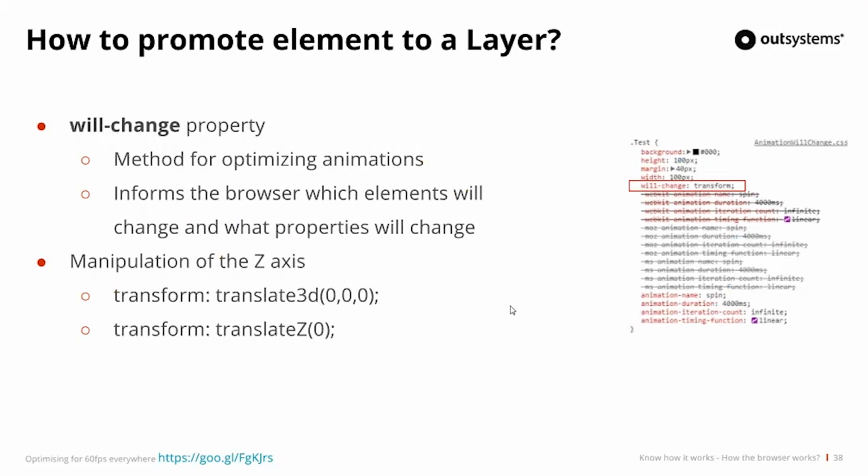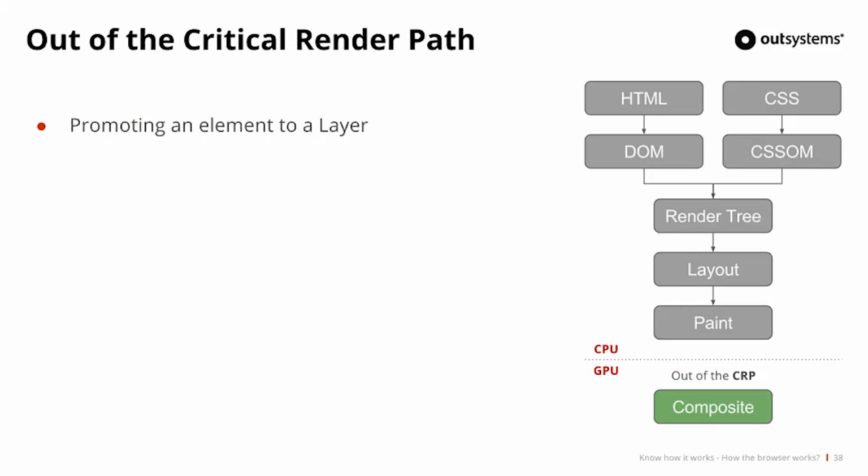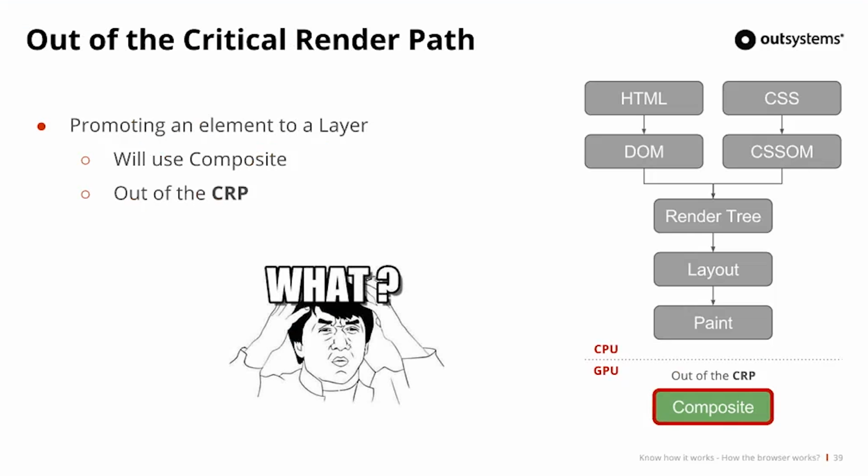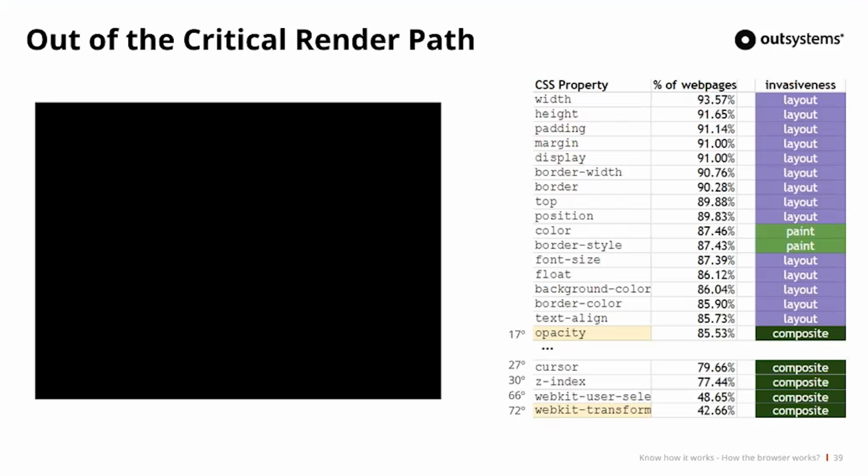But the big difference here is that will-change is the most recommended to use. So after promoting an element to a layer, we'll just stick to composite, and it will be out of the critical rendering path. So this is the goal we are aiming for, and it will change a lot the performance of our applications.